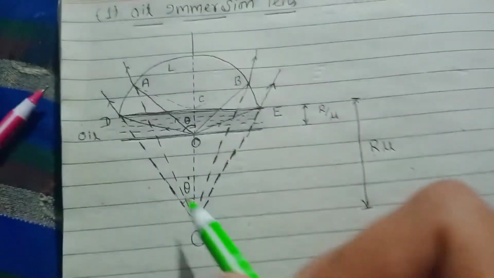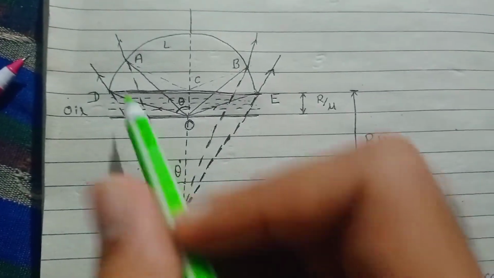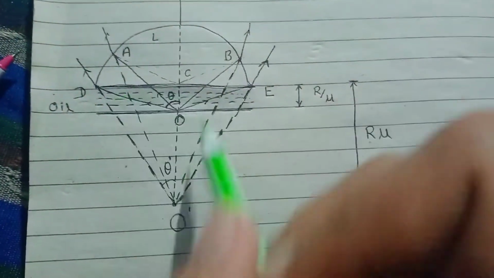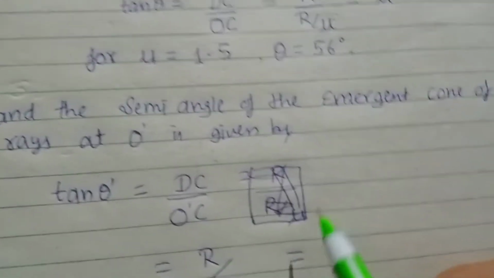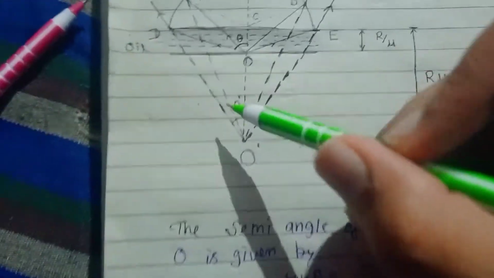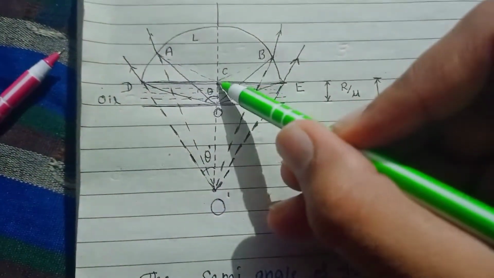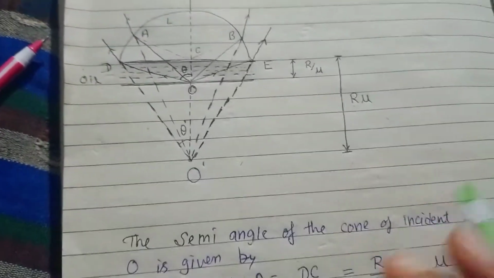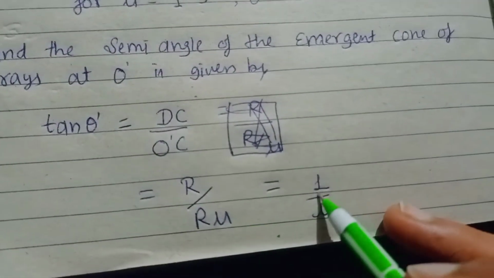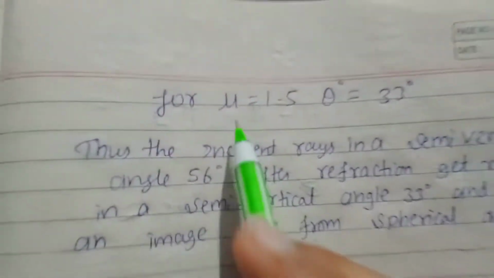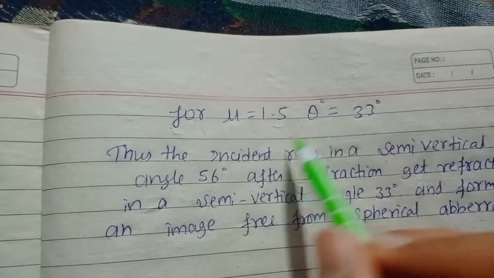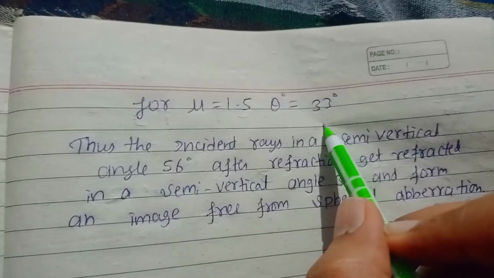So tan theta dash is equal to DC by O dash C. The line in front of this angle is DC also, so DC is equal to R, and the distance of O dash from center C is R mu. So R by R mu is equal to 1 by mu, R cancels R here also. For mu equal to 1.5, theta dash is equal to 33 degrees.